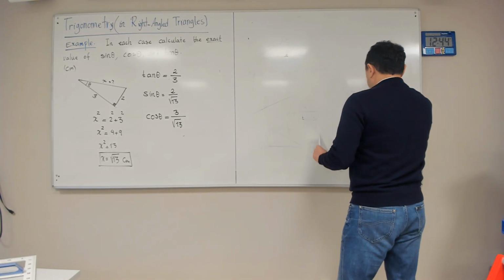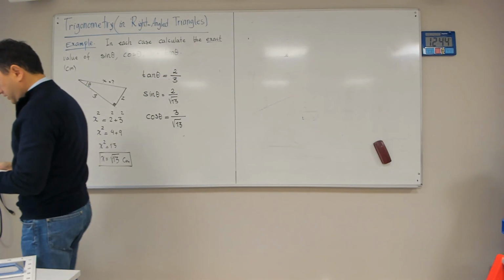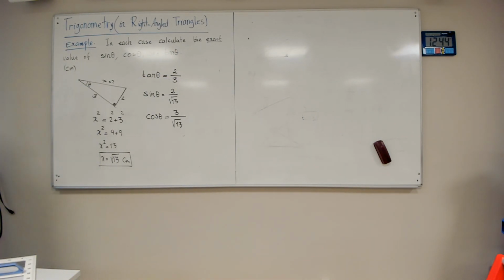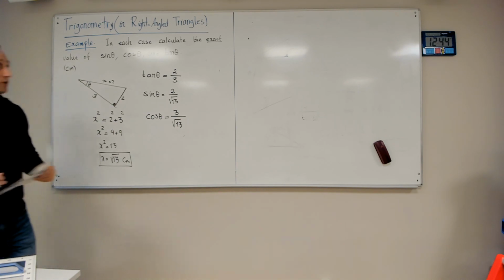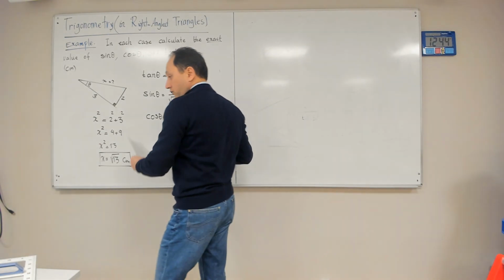Okay, so now let me give you these kind of questions. Find x rounded to 1 decimal place. Let me write this example. These are good questions, by the way. So these were easy questions.